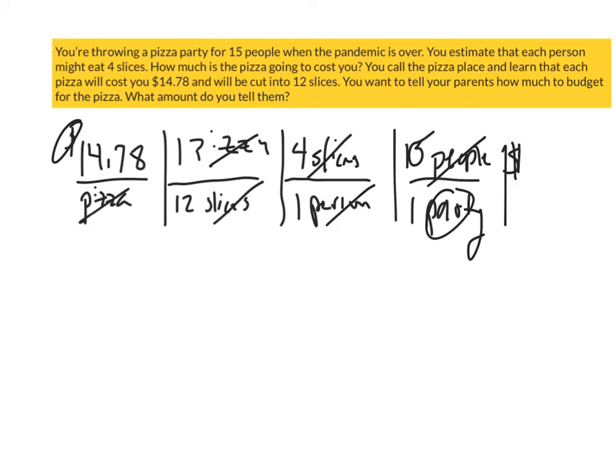So, order of operations says that I have to do all my multiplication first. So I have to take 14.78 times 1 times 4 times 15.